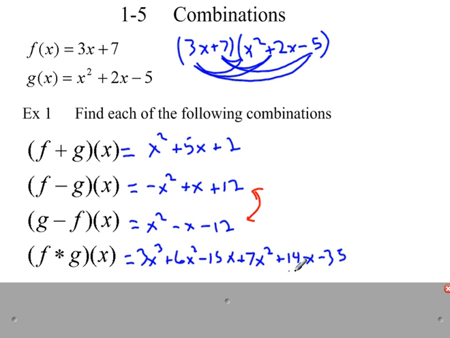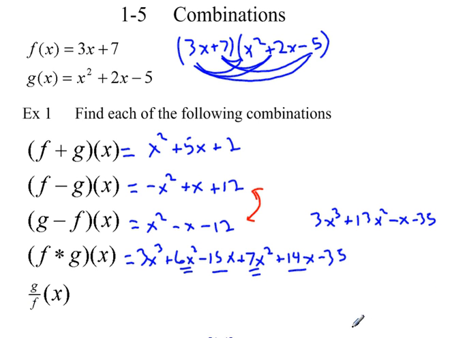And you will notice there are some like terms that can be combined, so we should do that as well. So that gives us a final function of 3x cubed plus 13x squared minus 1x minus 35.